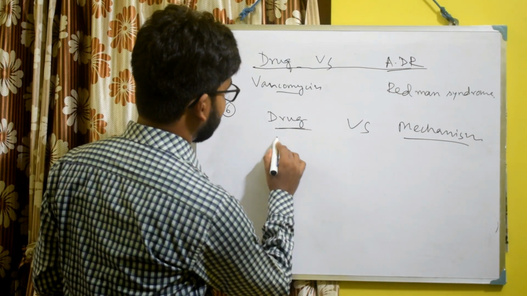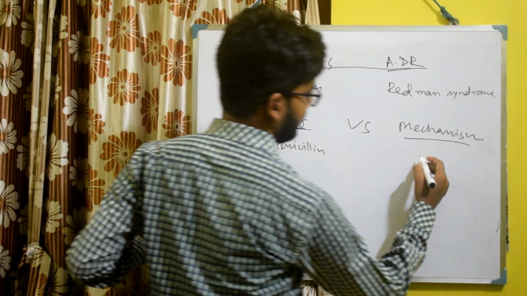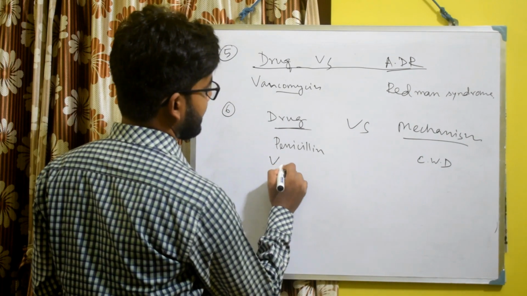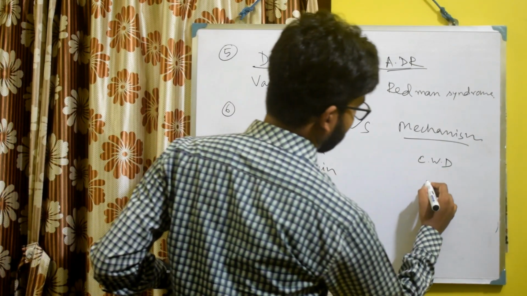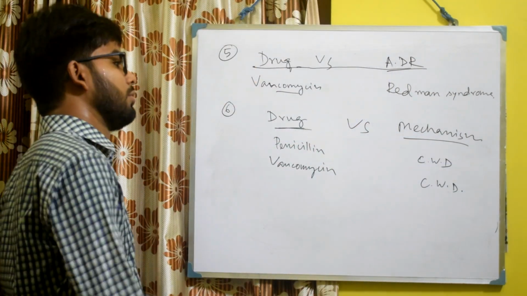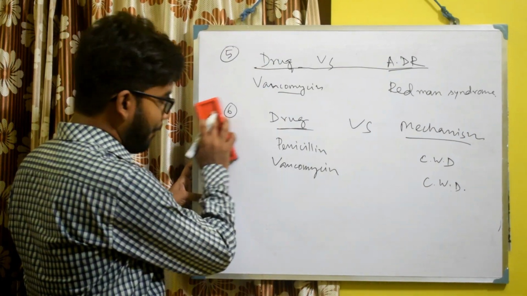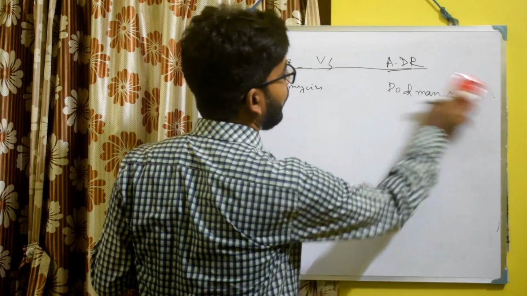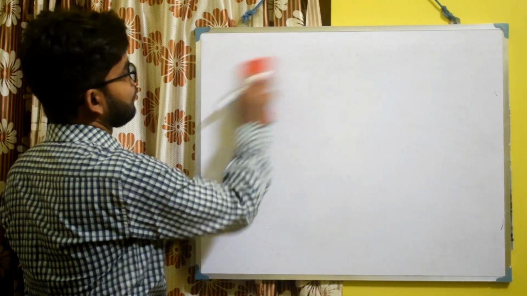So penicillin causes cell wall deficiency, and vancomycin also produces cell wall deficiency. This is how you can do all these things.